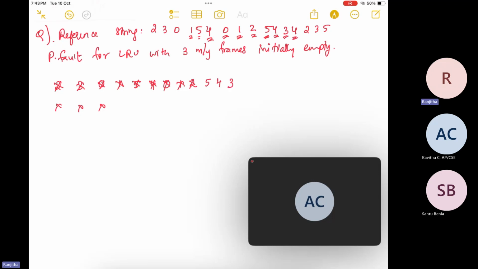Now when 4 is accessed, we'll bring 4 to the front. Now when 2 is accessed, we'll bring it to the front. When 3 is accessed, we'll bring 3 to the front. When 5 is accessed, 4 will be replaced.